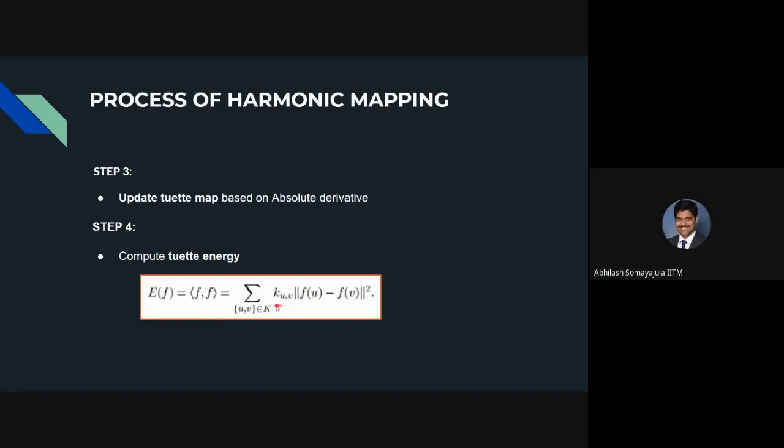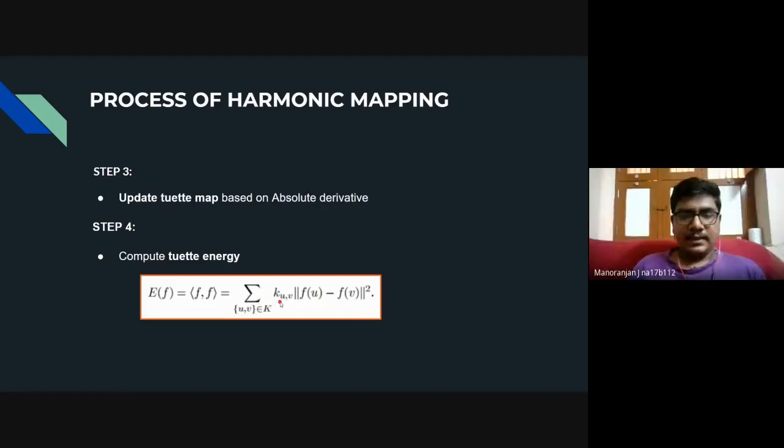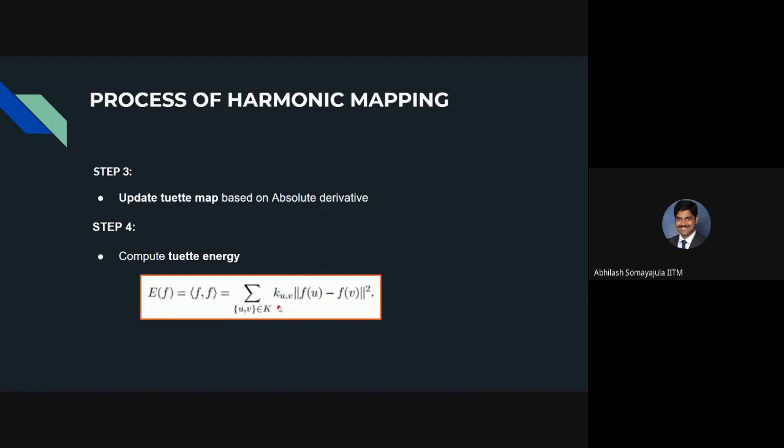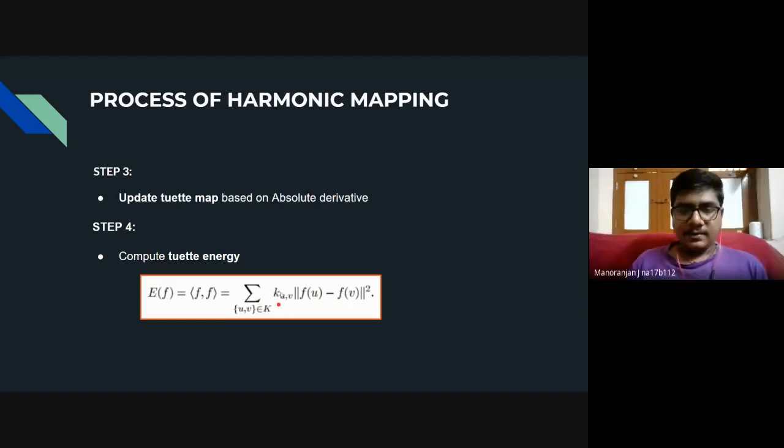And you're taking two vertices at a time and doing this summation over it, where you want to see where the mapped positions of both vertices are, the difference between them, multiplied by this coefficient, and you add them up to give a sense of what that energy is. Correct, sir. Yeah. And then you do this process over all the triangular panels and add them up, and that becomes your Tutte energy. Correct? Yes, sir. Correct. So I actually meant this k_uv. I'm sorry if I have told it wrongly. So here k_uv is 1. That's what I meant.